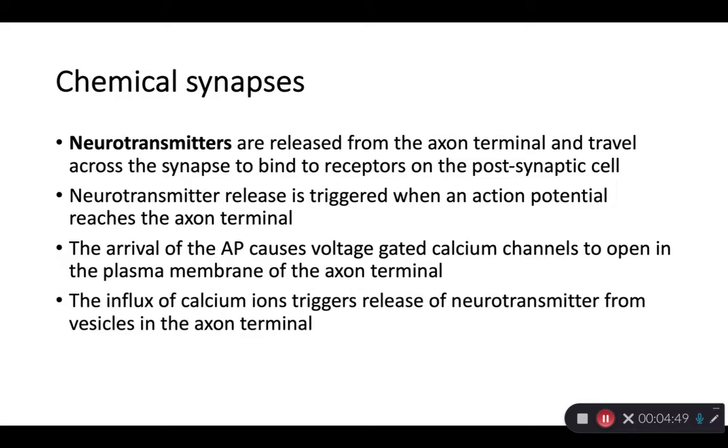That's going to cause calcium to flow into the cell. Calcium is more abundant in the extracellular fluid than it is in the interstitial fluid, so calcium will flow in through those voltage-gated channels. And it's the calcium influx that's going to trigger the release of neurotransmitter from vesicles in the axon terminal.